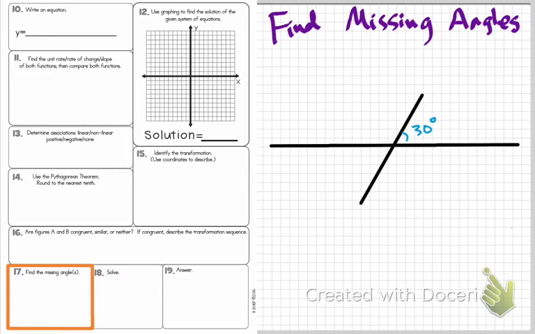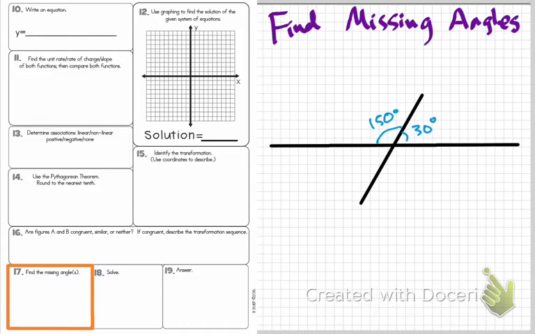Let's start with this exactly like what we did. Moving across the horizontal line, I know that that's a straight angle. So I must have something that adds to 30 degrees that would equal 180 degrees. So I would know that my line to the left, or my angle to the left, would be 150 degrees.